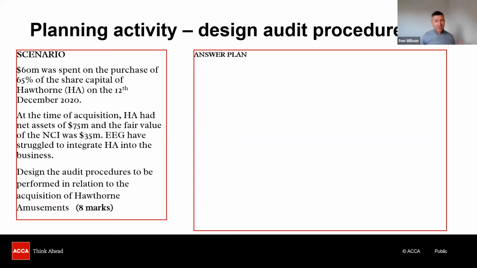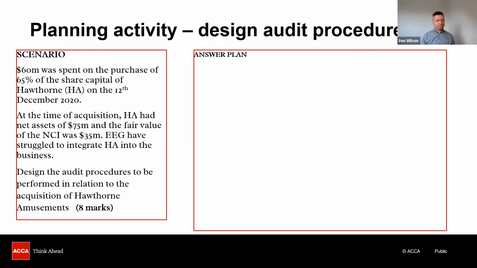And for something to be well explained in a procedures question, it starts with a fact from the scenario. It then has a source document, something that will verify that fact, ideally a third-party document, and then an explanation of how that third-party document will verify the fact that we are looking to confirm.